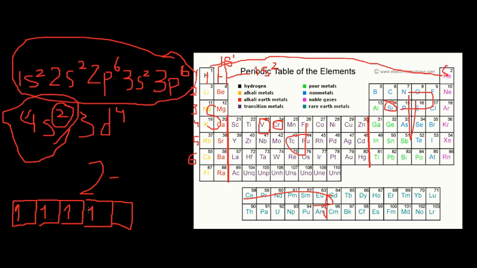For the 4s2, since it's the s orbital, it has only 2 boxes.